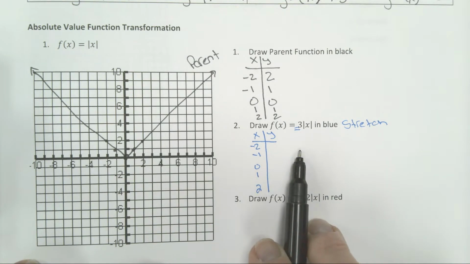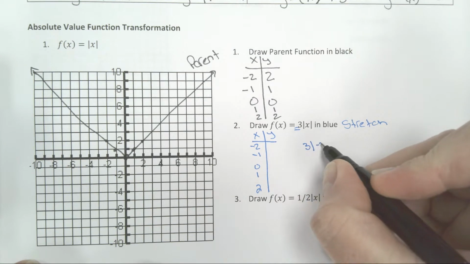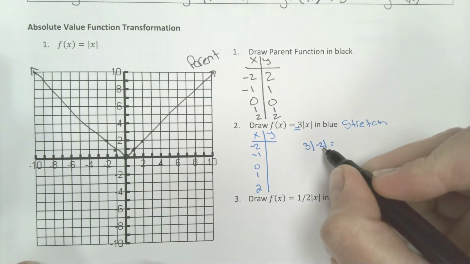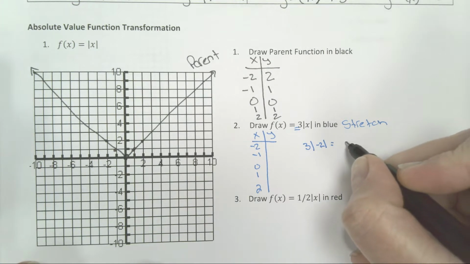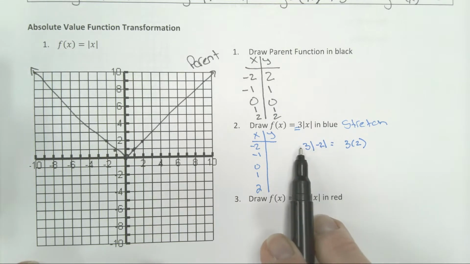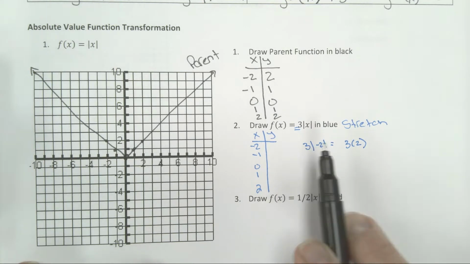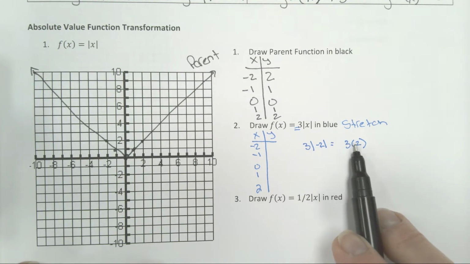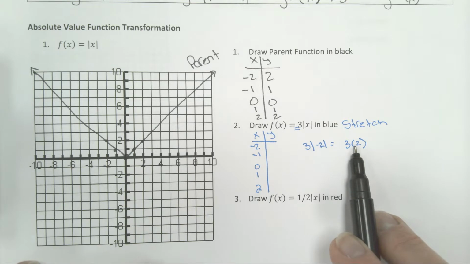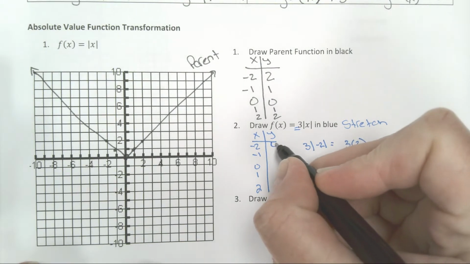All right, so when I plug these in, this says 3 times the absolute value of -2. The absolute value of -2 is 2. And so when you have a number right in front of a grouping symbol, that's multiplication. And so this is still multiplication, but when I took the absolute value, that just became +2. And so 3 times 2 equals 6.